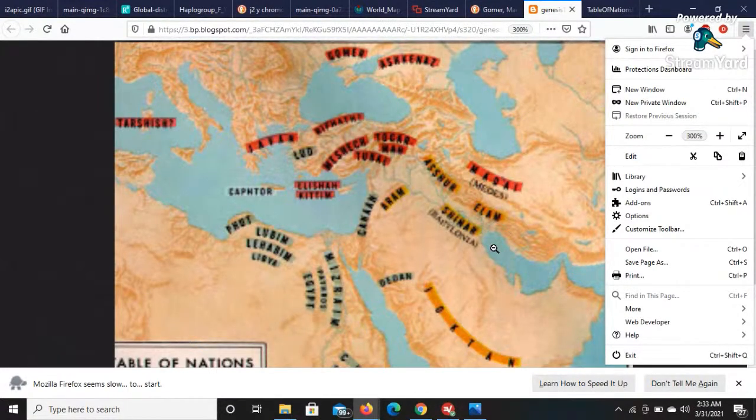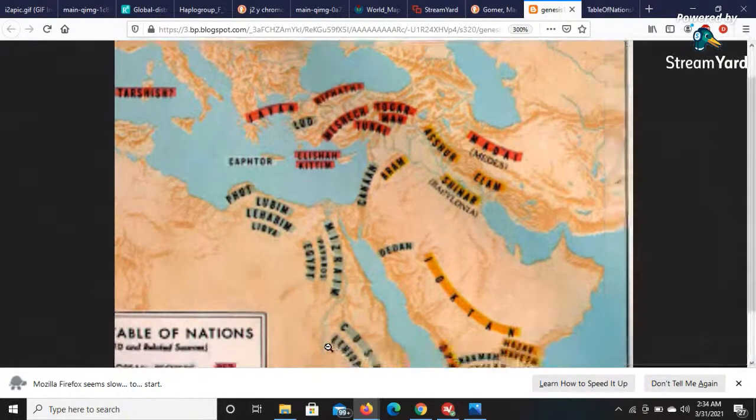Shinar is where Nimrod was king. We have Mitzrayim and Lubin, Libya, and Put. See the Put here? Put is the father of the Phoenicians. Of course, the Phoenicians are all in North Africa. Mitzrayim is in Egypt, and then Cush is down here. You can't see.